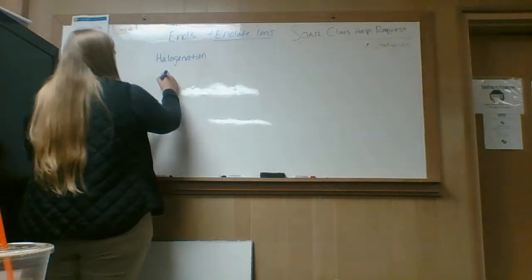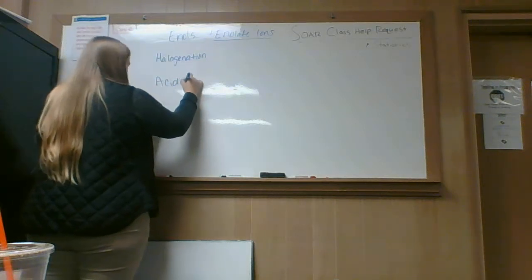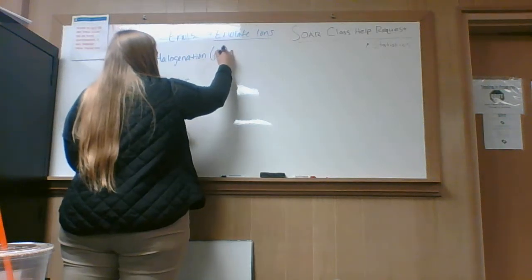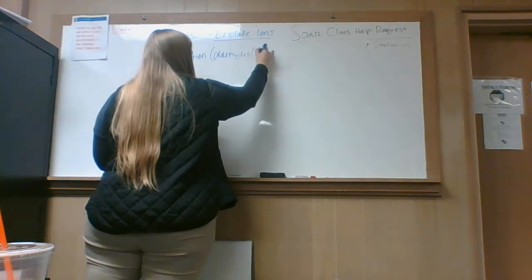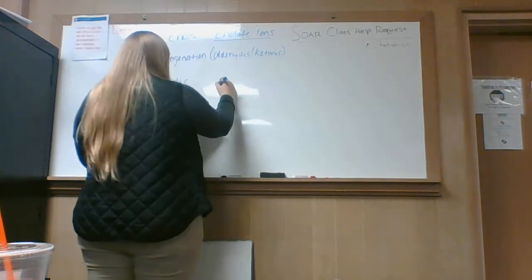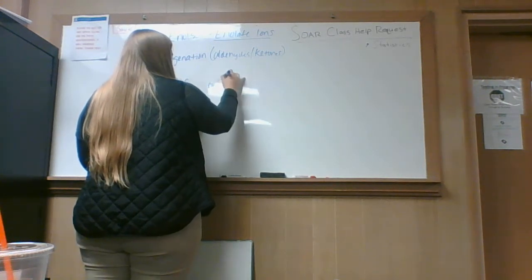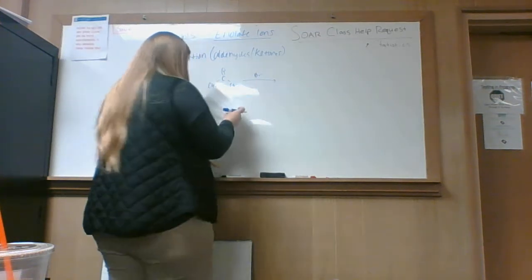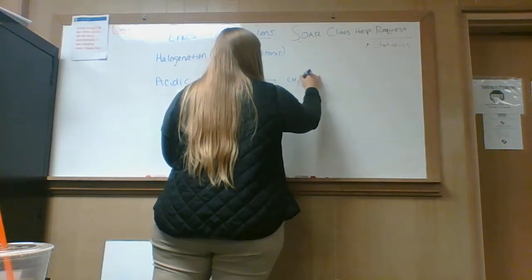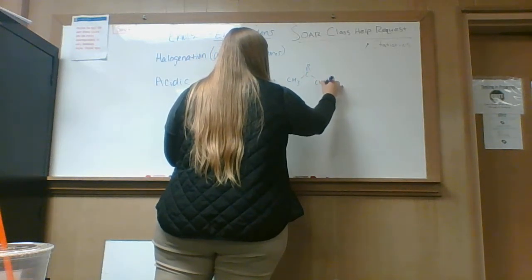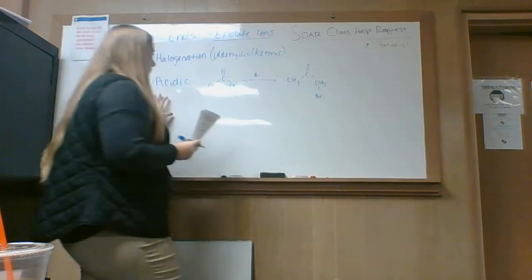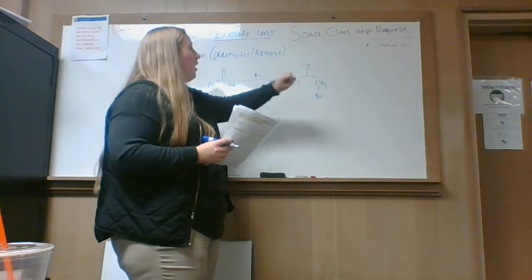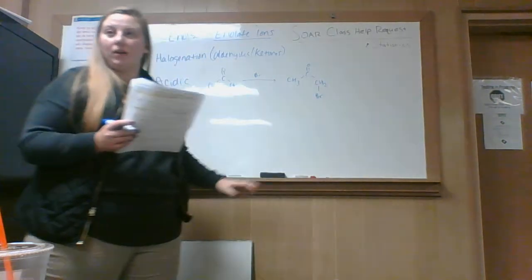So in an acidic environment, and this is of aldehydes and ketones, we are only going to replace one of the alpha hydrogens with a bromine.